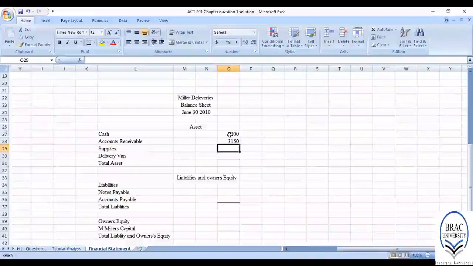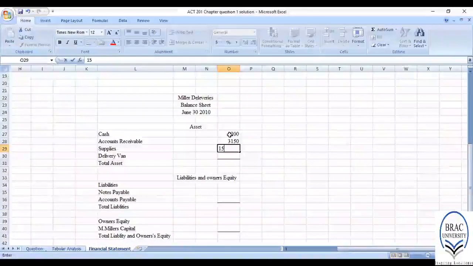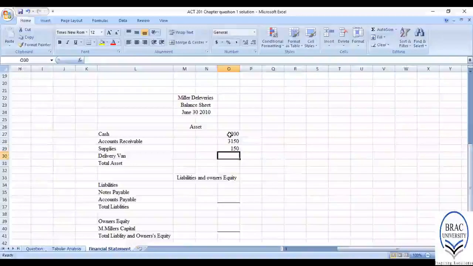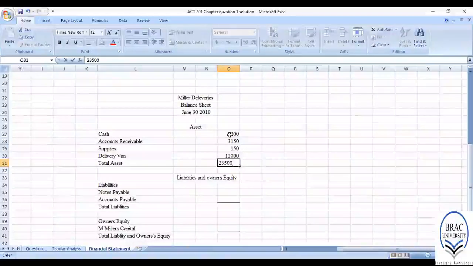They have supplies worth $150. They have a delivery van worth $12,000. When we add all of them, the total asset comes out as $23,500.